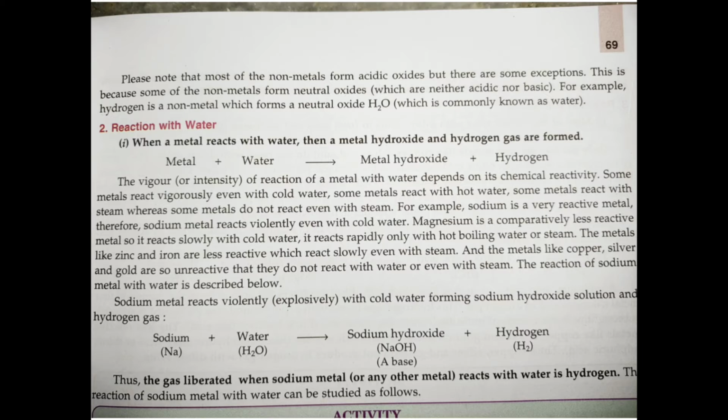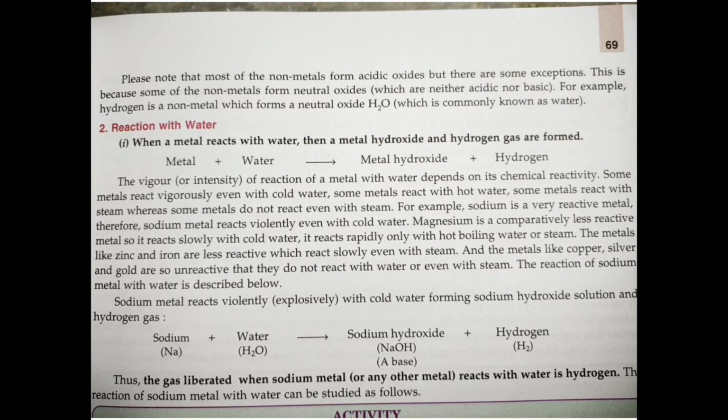In the case of iron or zinc, these metals are even less reactive than magnesium, so they will react slowly with steam. Steam has the highest enthalpy, as we already studied. If we consider the properties of this liquid, steam will usually be more reactive than hot water and cold water.